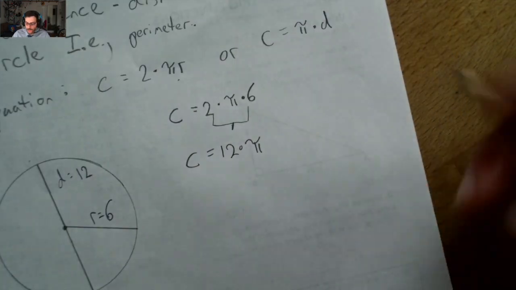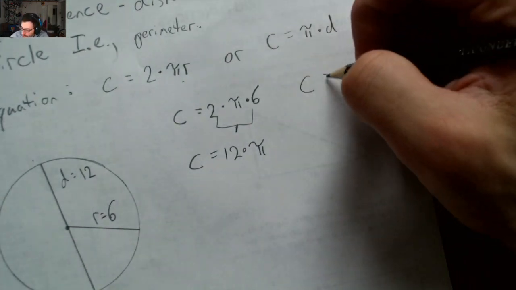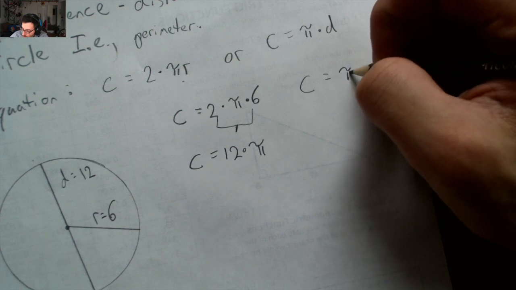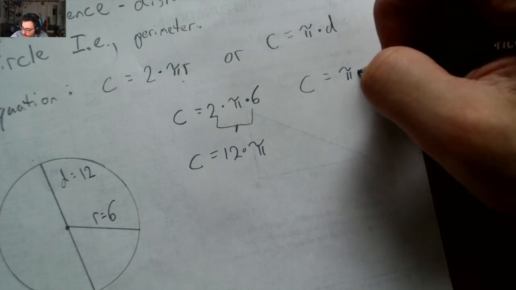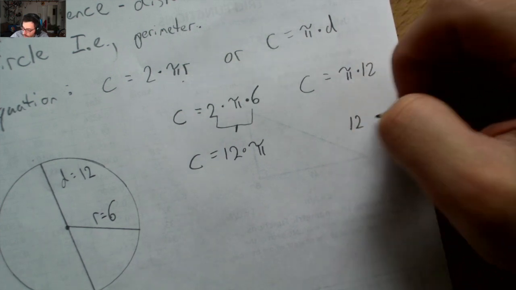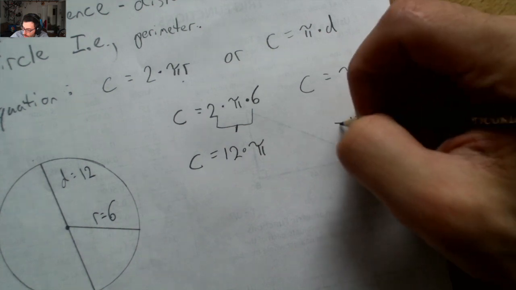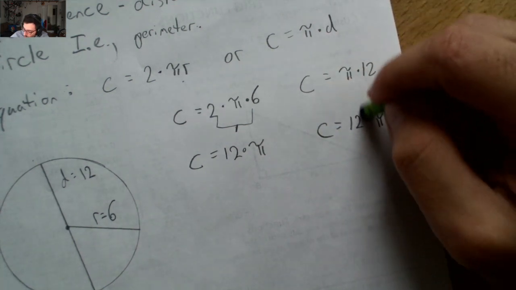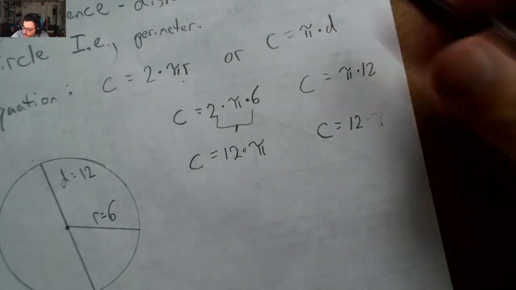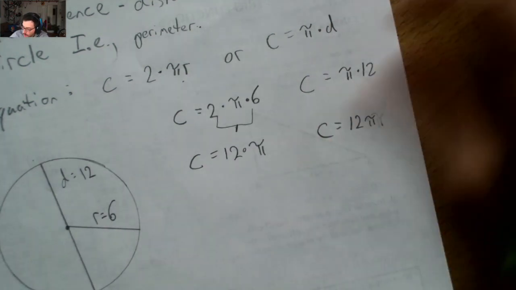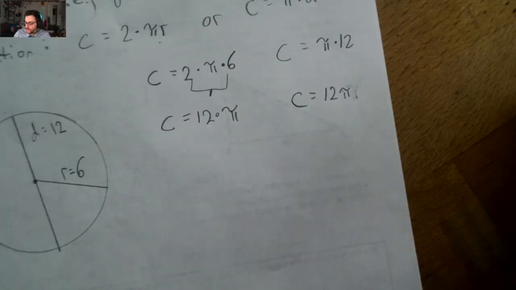In a similar fashion, if we're using our diameter example, we can do just 12 times pi. And you can, of course, just leave it as 12 pi. You don't need the multiplication symbol in there if you don't want to.